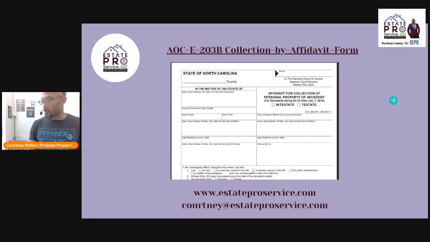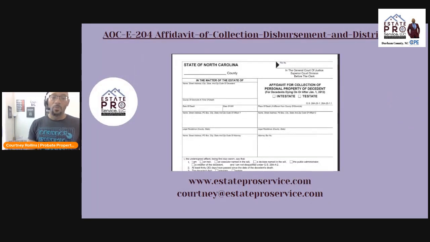Another form that we use, also connected to the small estate, is the collection by affidavit. This basically shows who took legal possession and ownership of the estate's assets. There has to be a way to zero out the assets and zero out this person's estate, and this is the form we use and the process we use to show that everything has been properly distributed or collected and gathered.